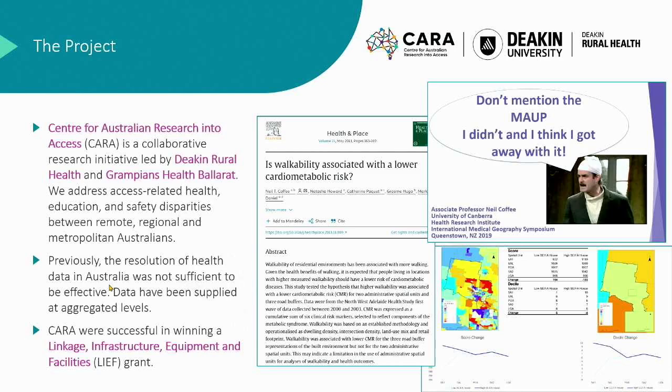Often it's given out at an aggregate level already, which does make it harder to define at a smaller level. So we have come up with a solution to do calculations of time, distance, and any other impedance that can be added to network data, to calculate things at the dwelling level.